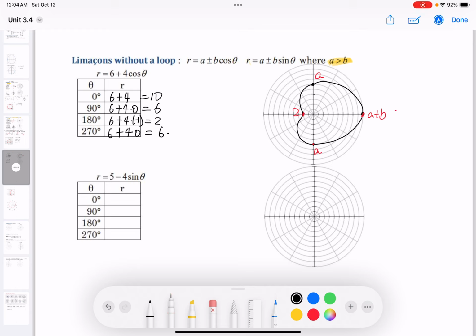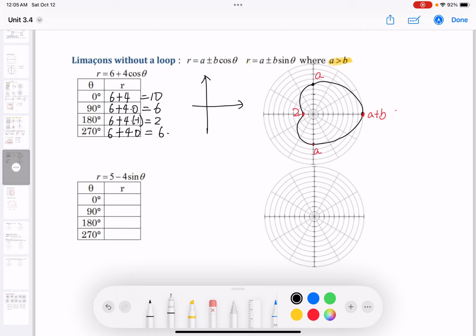Without having a table, if I want to graph it, first I need to decide the shape. So a is greater than b, 6 is greater than 4. We're having a limaçon without a loop, a dimple limaçon. Second, my shape of the heart, the cardioid for example, will lay on the positive x direction.